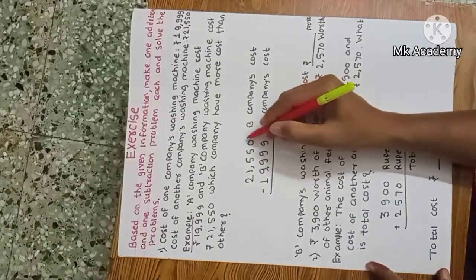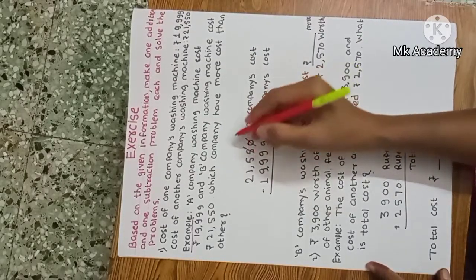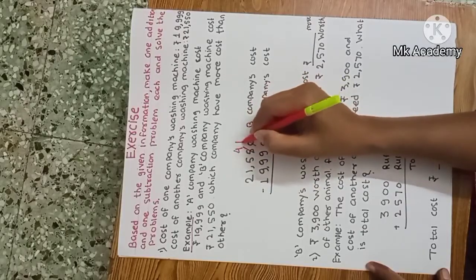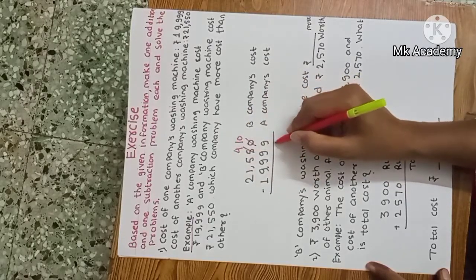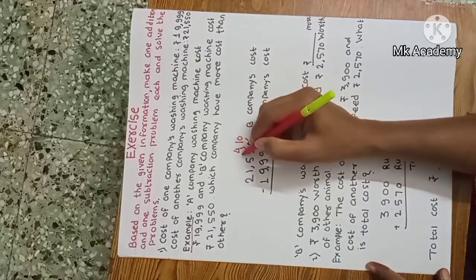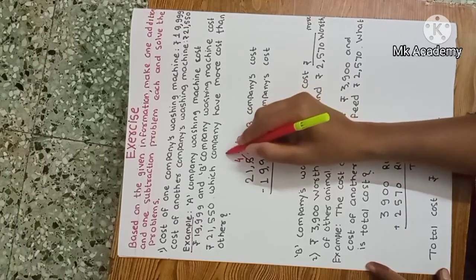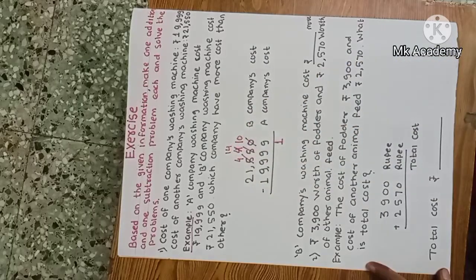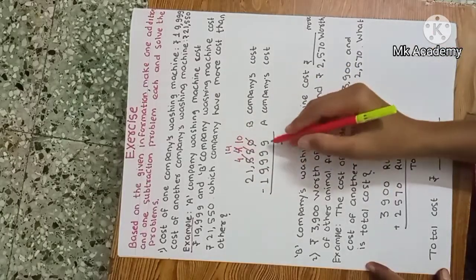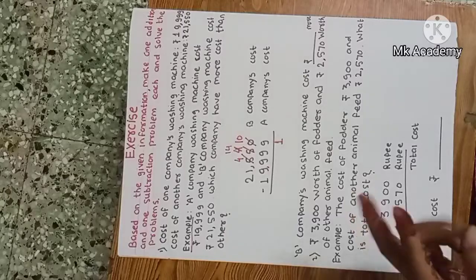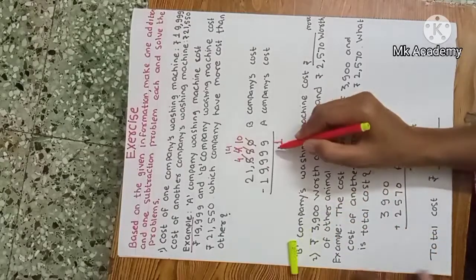Now 0 minus 9, we can borrow from this. Here 4 and here 10. 10 minus 9, 1. This is 4, we can borrow from here. Now 14 minus 9: 10, 11, 12, 13, 14. 5.